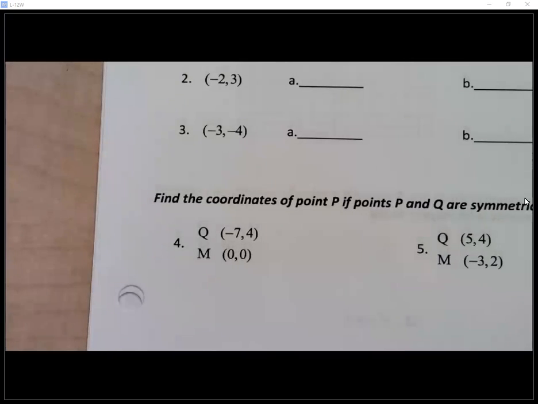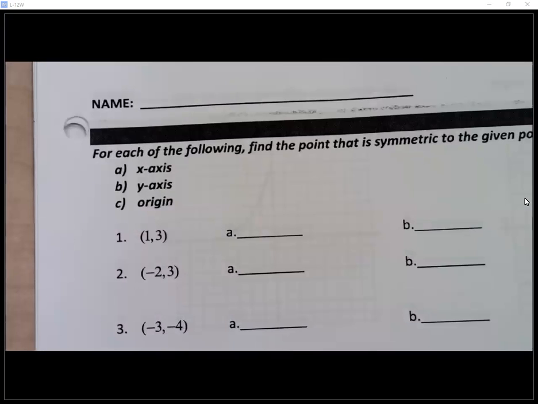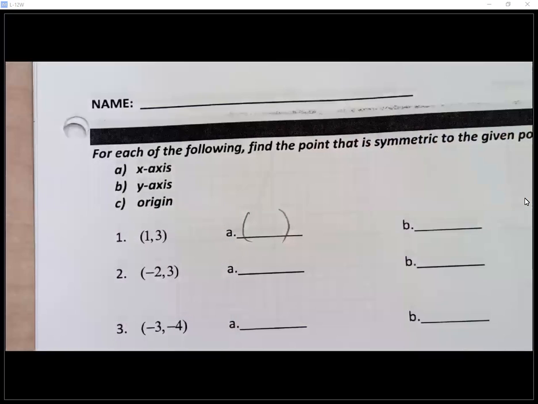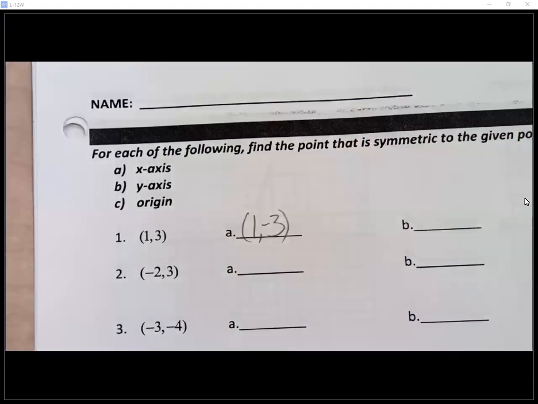Number one, real quick: if you had a point that was 1,3, and you were going to reflect it over the x-axis, what would its new ordered pair be? Jonas? You got it. Because remember, if we're reflecting over the x, we just change the y.